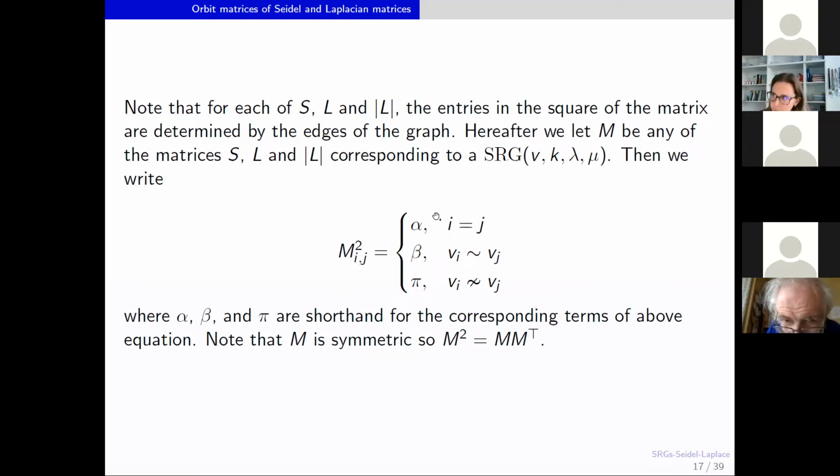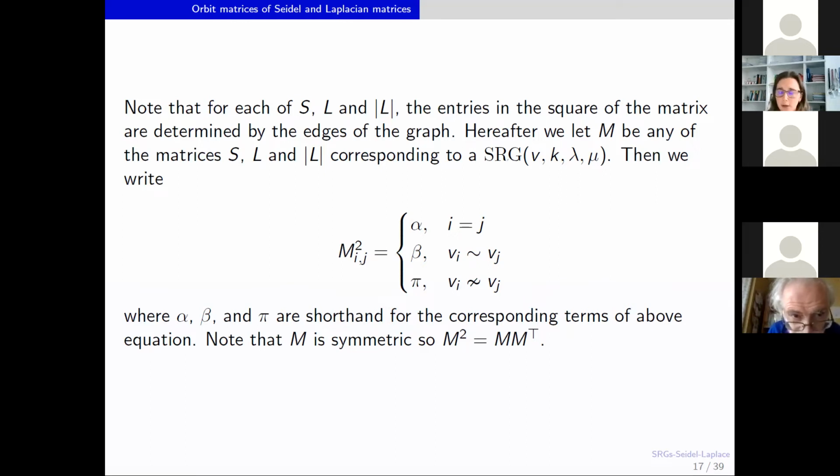And I will speak about the entries of the square matrix M as alpha, beta, and pi, depending on whether we are speaking about the Seidel, Laplacian, or signless Laplacian matrix, because it always depends on these three positions of I and J. And matrix M is symmetric, so it means that M squared is actually M times M transpose.